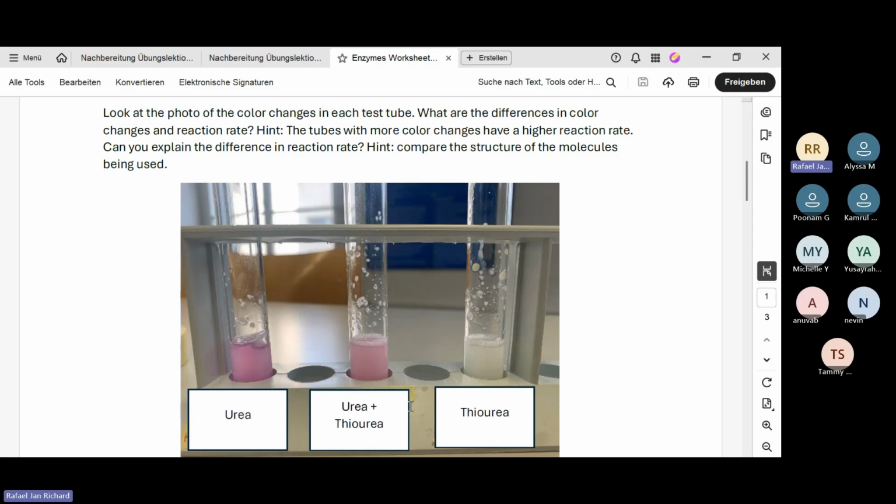Exactly. It is, in fact, the reaction between the enzyme and urea, which produces the product, which causes the color change, which can be indicated with the phenolphthalein indicator.